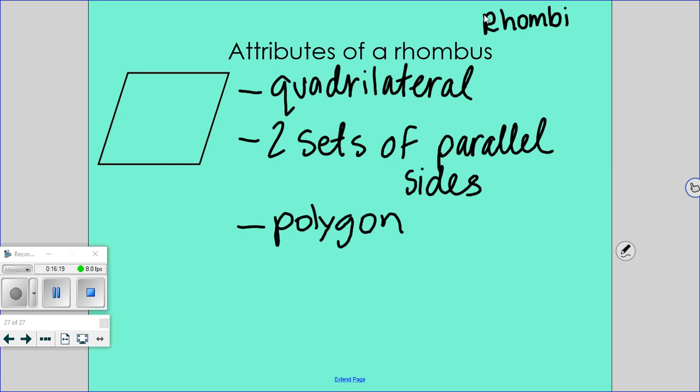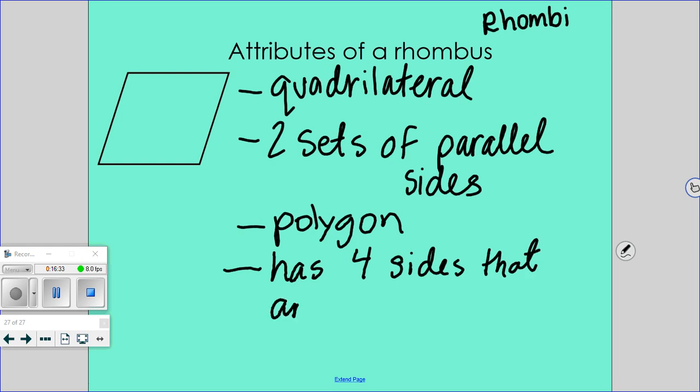But there are no square corners on a rhombus. So this, all 4 sides are equal length.